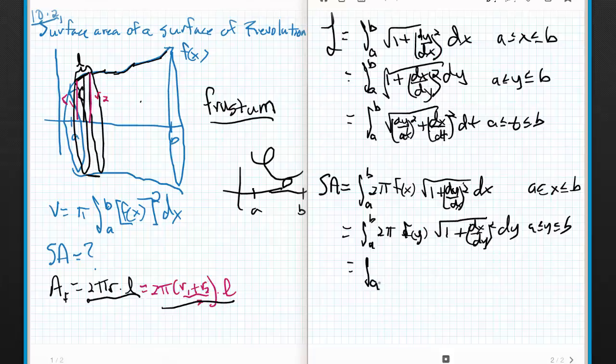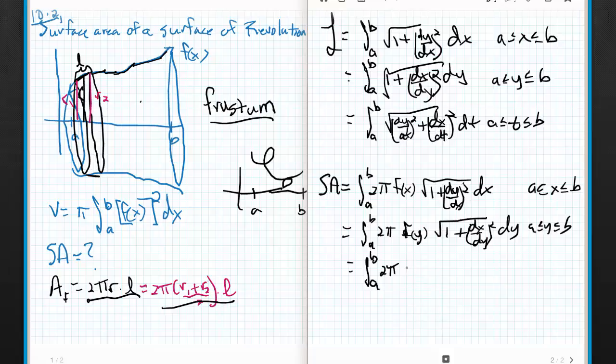So needless to say, I've got the integral from a to b of 2 pi. Now, what do I use for this radius? Well, because it's a parametric, it's a function of t, I can sort of arbitrarily choose what I'm going around as far as the surface area, right? In this case, we're going around the x-axis. So I can't write f of x, because I have two functions, both of which are of t.